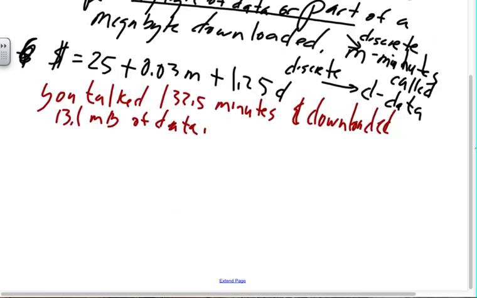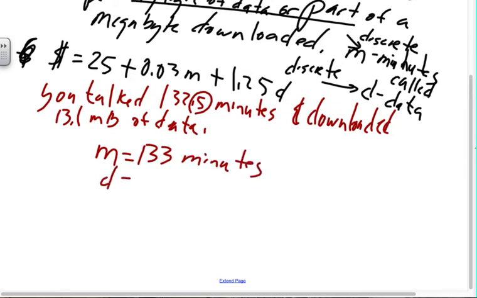Okay, so what we do then is we're going to go in and take a look. So M, you notice you talked part of a minute, but because you went over, it's going to be 133 minutes. And D is going to be 14 megabytes.